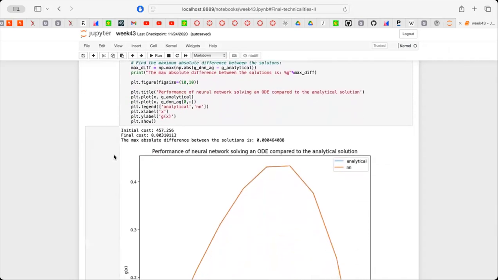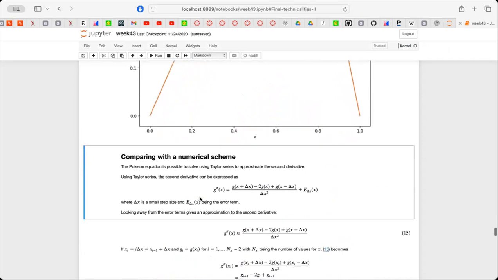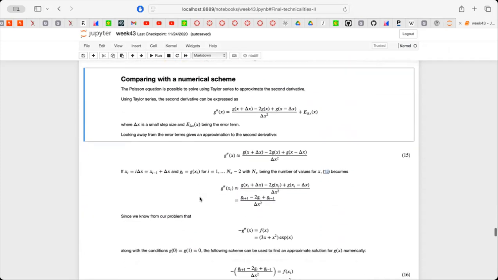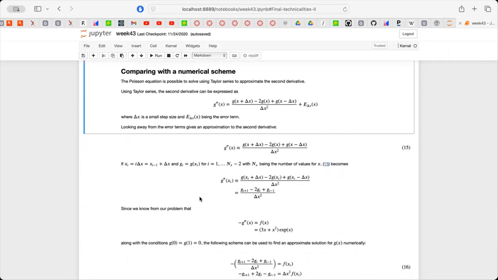So in this case, with 10 integration points, I see that they have an absolute difference which is pretty small. This is the difference between my analytical result and the neural network, which means that with these 10 integration points, I'm actually getting a result which is pretty good. I can now use my standard finite difference scheme based on the Taylor expansions, which we discussed earlier.